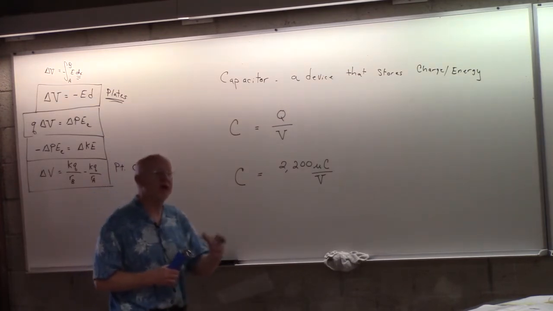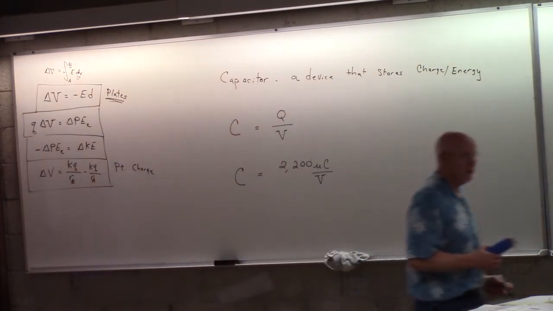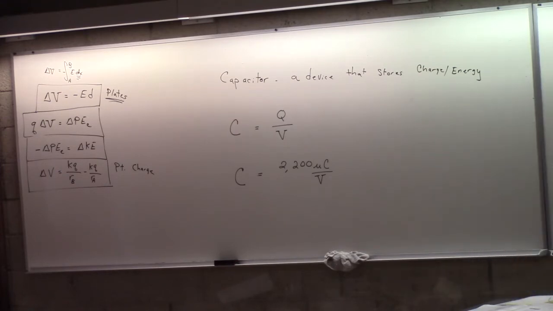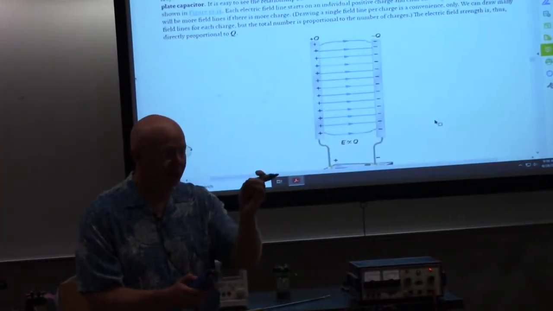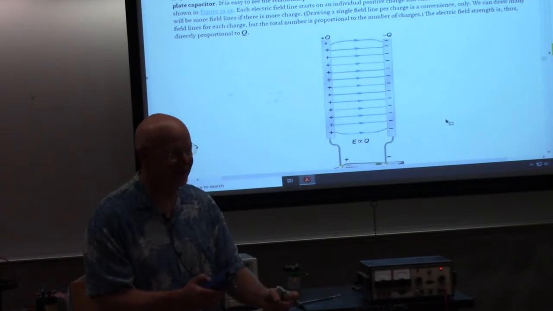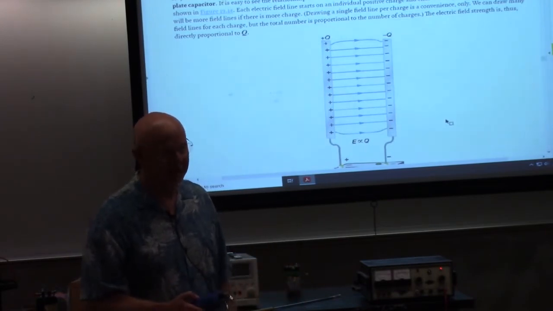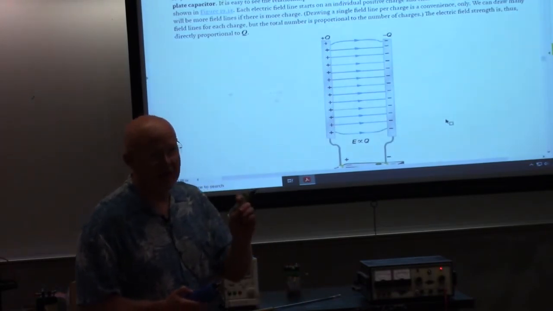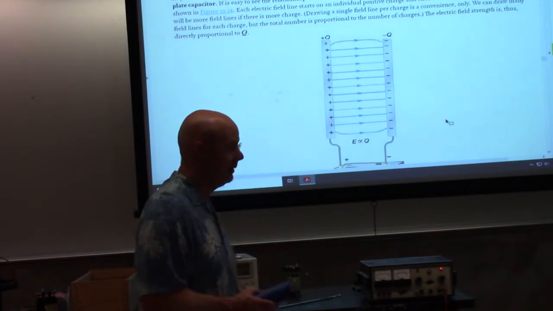And notice it's per volt. It's not the total charge in here. So when I hooked this to this big power supply and I cranked it up to 370 volts, how much charge did I have? And I want to emphasize, it was not 2,200 microcoulombs. That was the amount of charge I got for each volt.